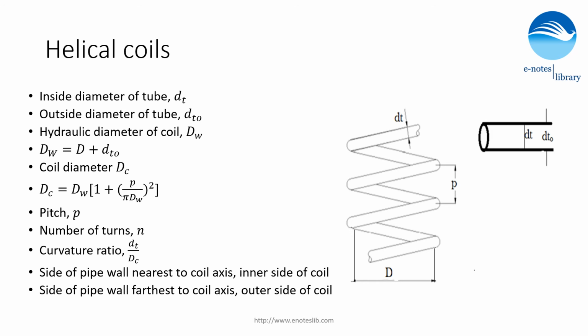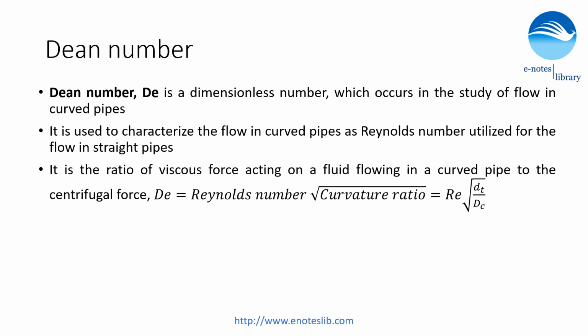Now come to the Dean number. Dean number is a dimensionless number, like other numbers such as Reynolds number and Prandtl number. Dean number is also a dimensionless number which occurs in the study of flow in curved pipes, or say in helical coils.